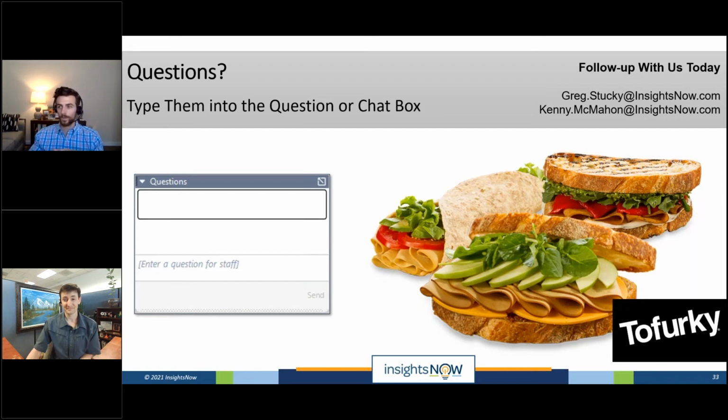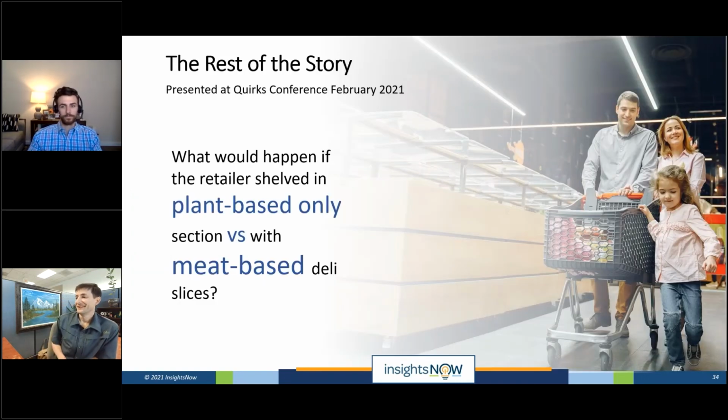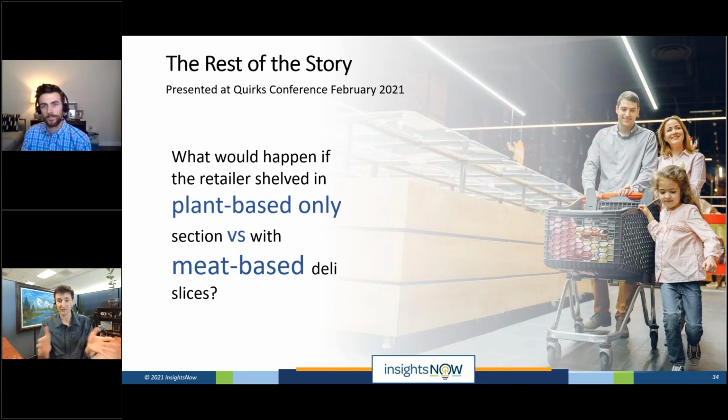We did see that with this piece, and we shared it at Quirks. We had prepared a couple of slides to help Kenny answer this too. So you've got the rest of the story. You just presented this at Quirks, and in this case, we had a plant-based cell. We had one group, which is exactly what we showed here today, which was the group of people who went through and evaluated based on only thinking about other meat alternative products.